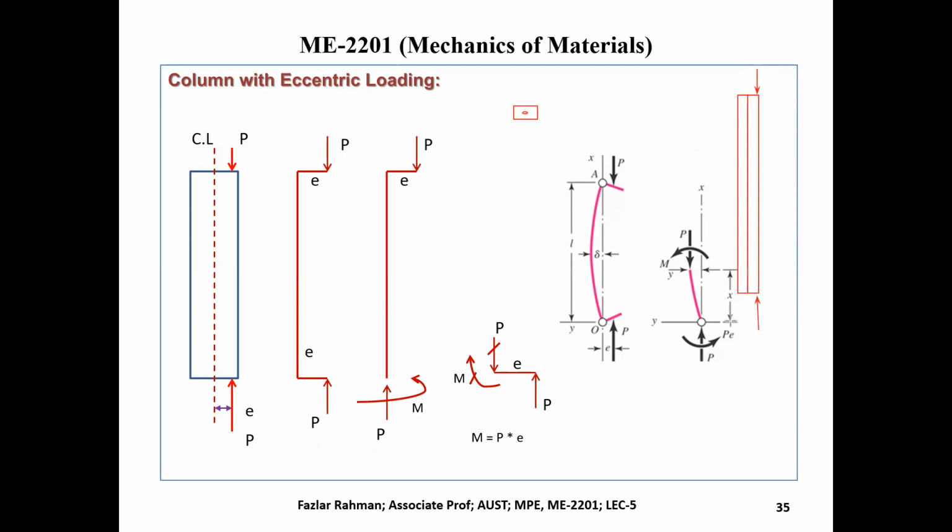So the direction of load is not going through the centroidal axis, so it will create extra moment. This distance is called eccentricity. So you need to figure out what the eccentricity is and what its effect is.